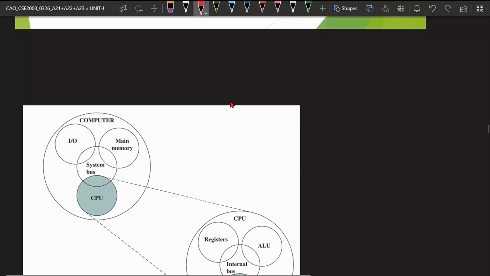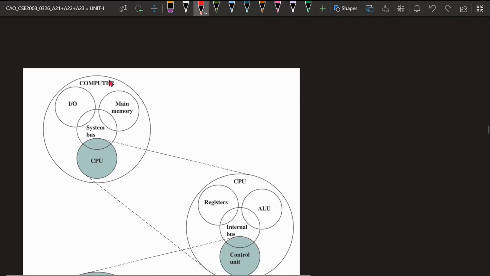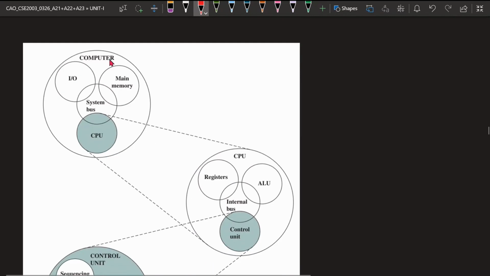so this was just the introduction to the basics of computer. Now we will go into some deeper knowledge of this architecture and organization part. If a computer system is there, it is made up of different building blocks.